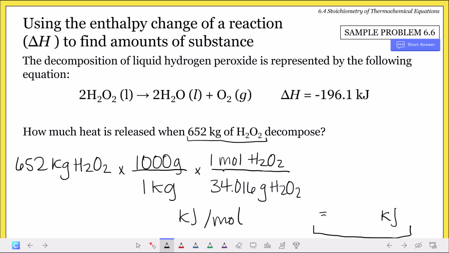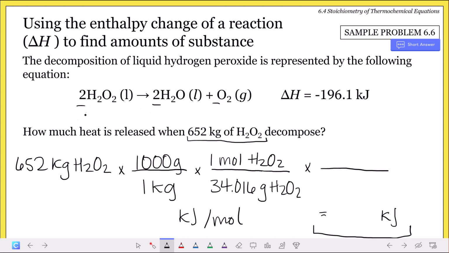And if I were to stop here, it would tell me how many moles of hydrogen peroxide I have decomposing. But I want to know, if I decompose this amount of this substance, how much heat is going to be released. So this is where I use my enthalpy value and set up some sort of enthalpy ratio based on the coefficients in my balanced equation.